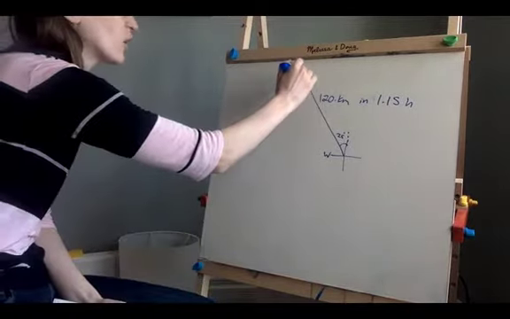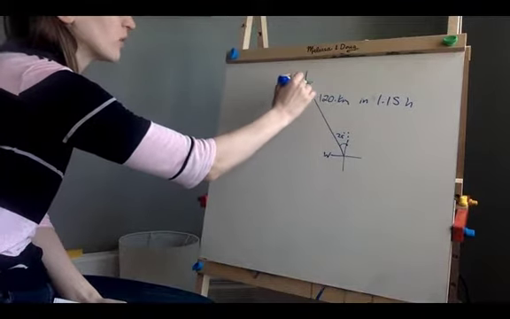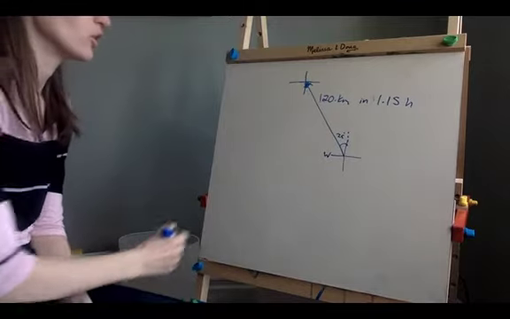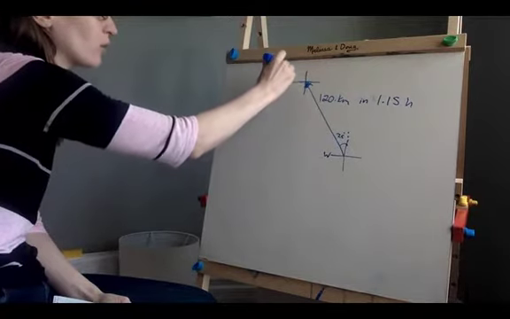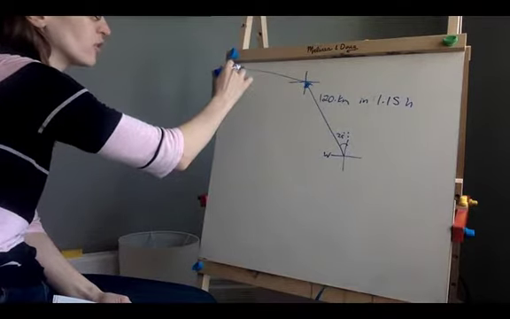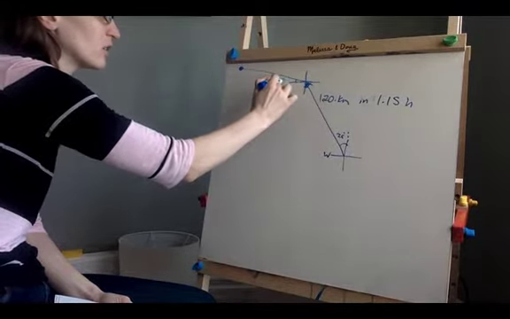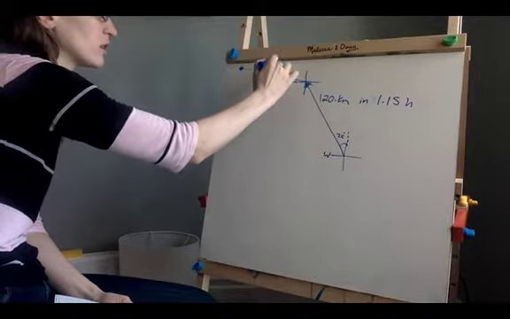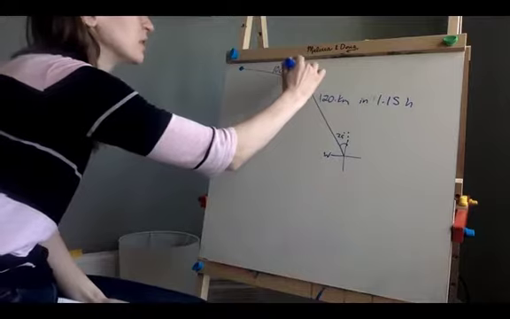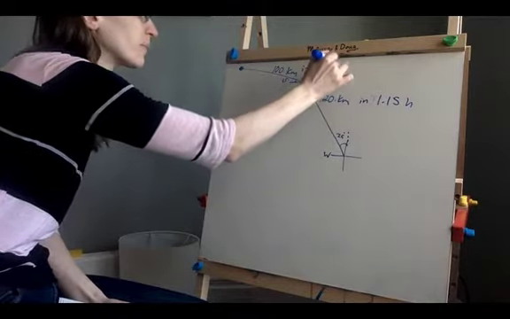Then the family changes direction and travels west 15 degrees north. So again, if you draw your north, south, east, west bearing lines here, this time we're going west 15 degrees north, so we start west and we go 15 degrees in a northern direction, and we do that for 100 kilometers. So this angle in here is your 15 degrees, and that's your 100 kilometers, and that happened in 52 minutes.